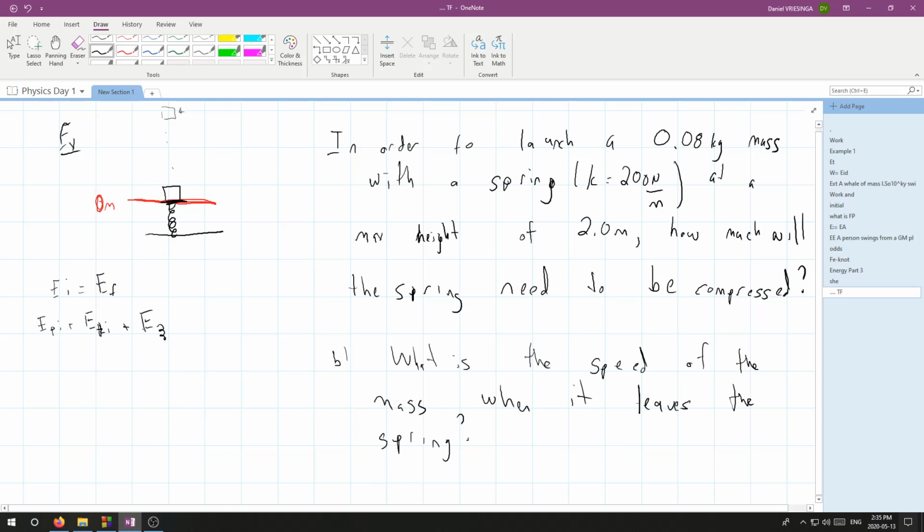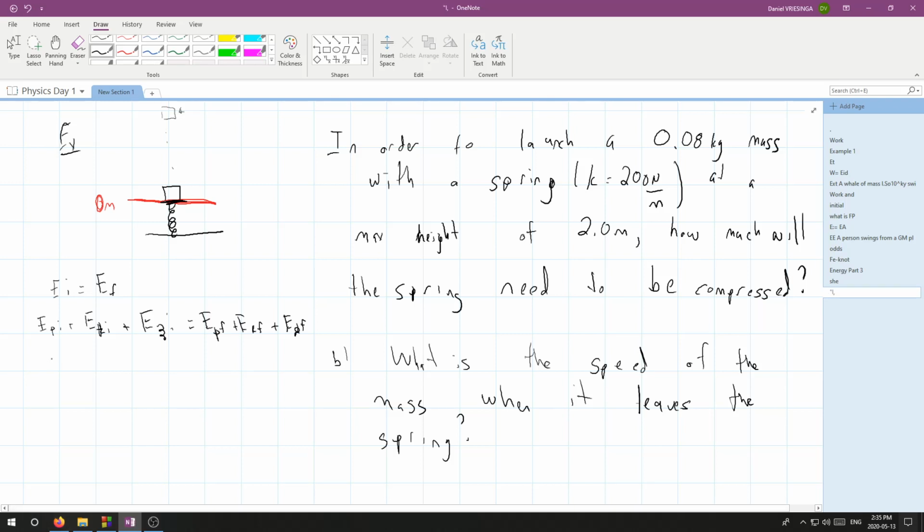I just write a picture of a little spring there. And that will have to equal the potential final energy plus the kinetic final energy plus the spring's final energy. Okay? So let's go through and see what's going to be 0 right away.